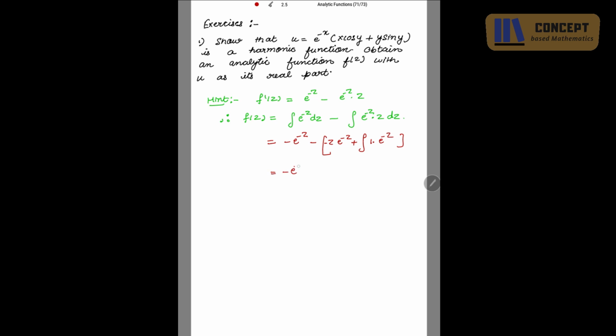This is minus e to the power minus z, this is plus z e to the power minus z, minus integration of e to the power minus z dz, which is minus e to the power minus z. So this is minus e to the power minus z plus z e to the power minus z minus e to the power minus z, that is, z e to the power minus z plus constant. So this is your required f of z.